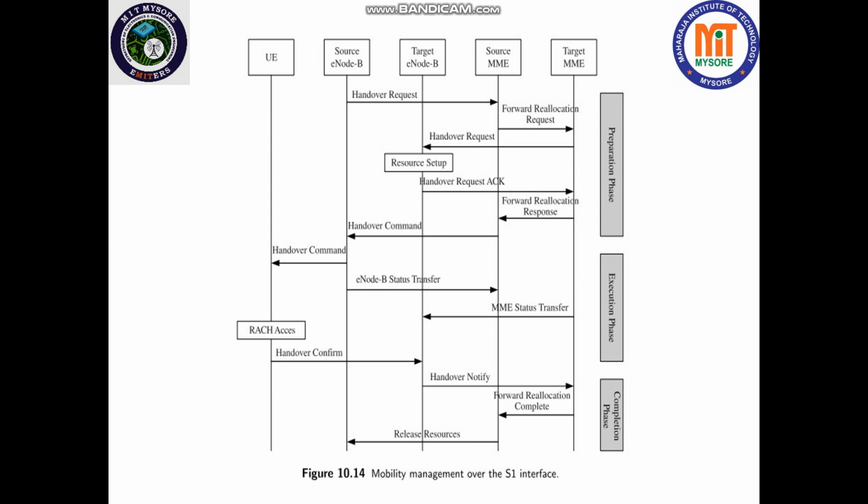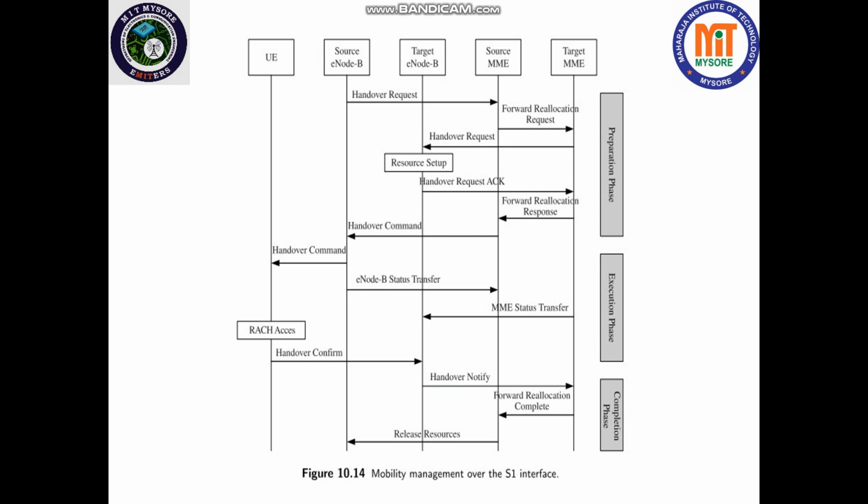Now this handover confirmation is given to the target MME in the completion phase, and the same is communicated to the source MME as the forward reallocation complete indication. That is, the reallocation of resources is completed. That message is sent from the target MME to the source MME, and the source MME will ask the source eNodeB to release the resources.